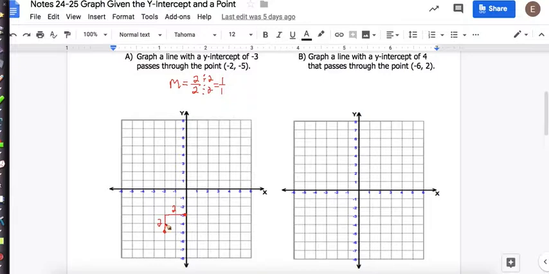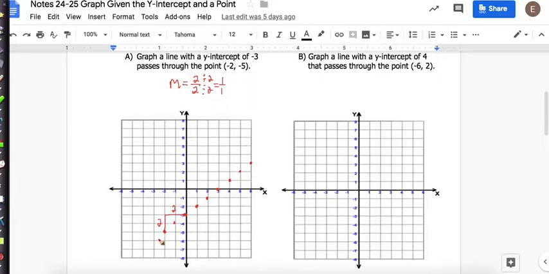So now we're going to start at this point and use up 1 over 1 until we fill the graph. Up 1 over 1, up 1 over 1, and so on. Now I got to go back to the point where I started from and go the other direction.